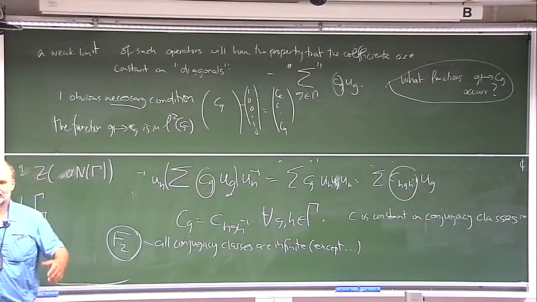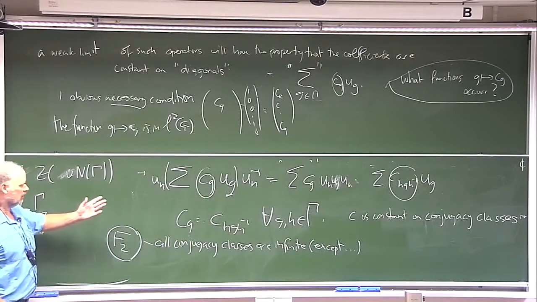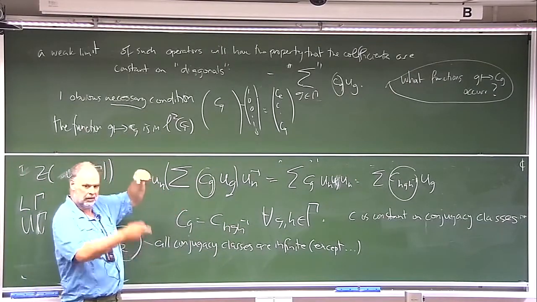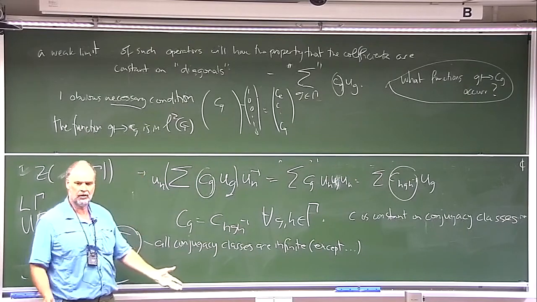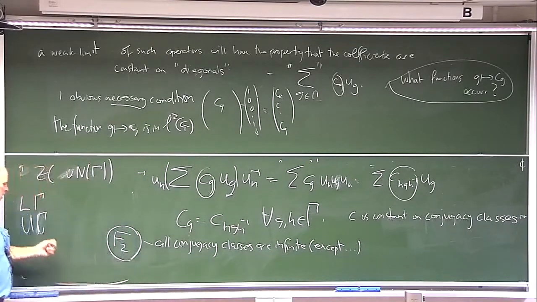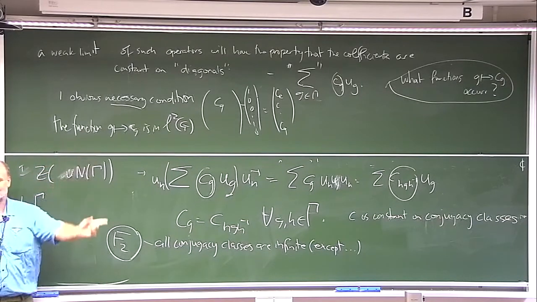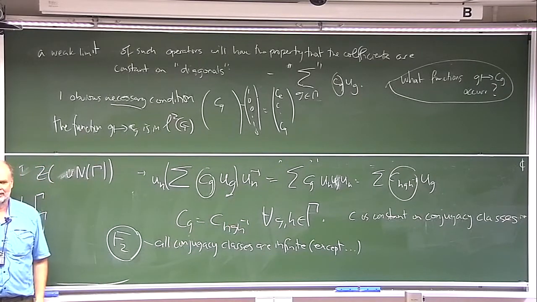So what are the consequences for an element of the center? We have an element of the center. It's given by one of these CGs, things down the funny diagonal. They're constant on the conjugacy classes. They're in little L2. Well, that's a real problem. To be constant on a conjugacy class and to be little L2, there's only one choice, and that's got to be 0.